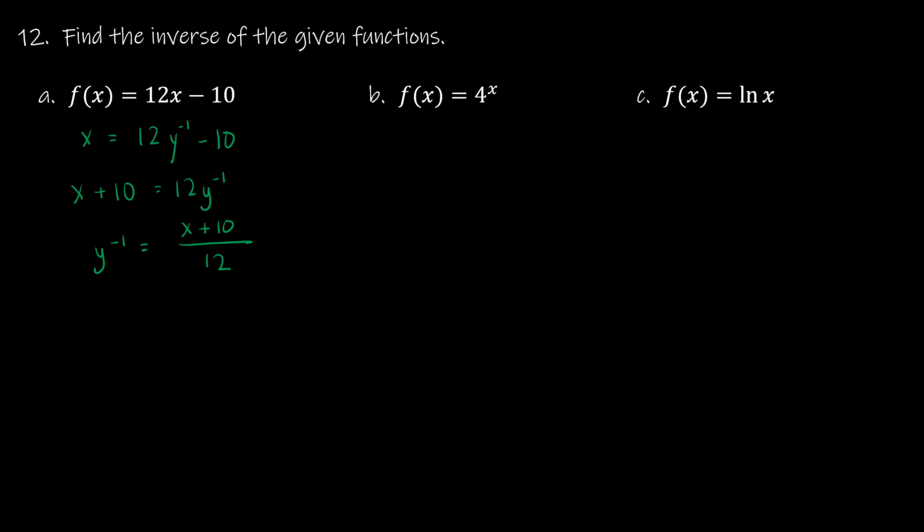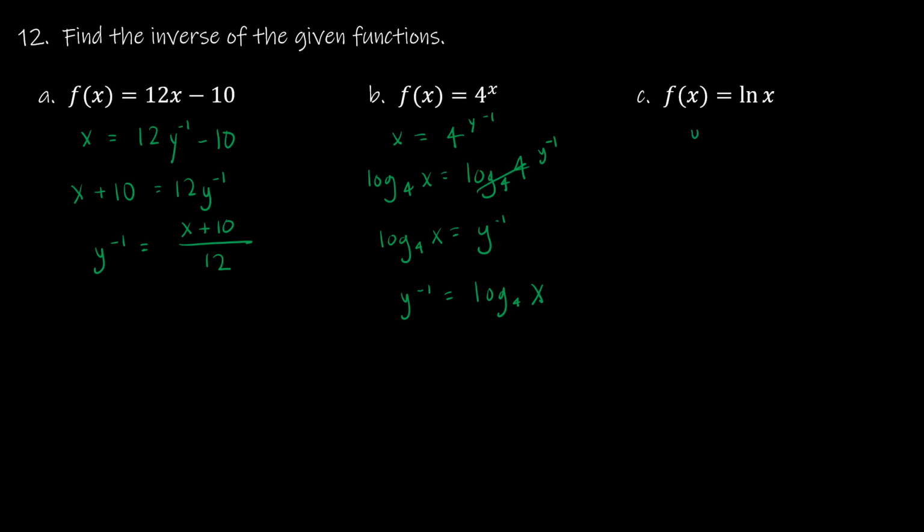For b, again, I'm going to rewrite it as x is equal to 4 to the y inverse. How do I deal with that? Well, I'm going to take log base 4 of x and log base 4 of 4 to the y inverse. Log base 4 of 4, that's an inverse, it goes away. So I've got log base 4 of x is equal to y inverse, or if you want to write the y inverse first, you get y inverse equals log base 4 of x.